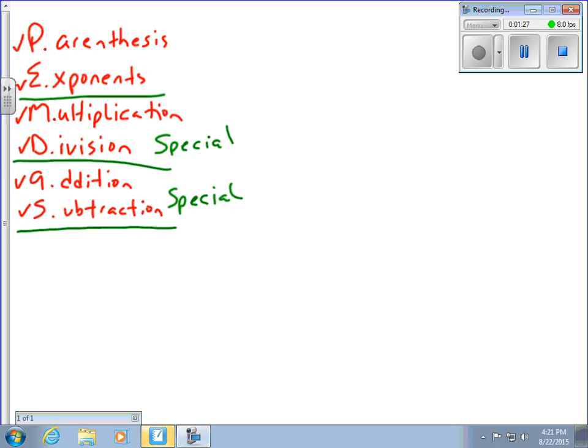So if division comes first in the problem, you do it even though the M comes before the D in PEMDAS. Once all the multiplication and division is complete, then and only then do you go to the addition and subtraction. So we'll work a few problems here to give you some idea on how to do this process.